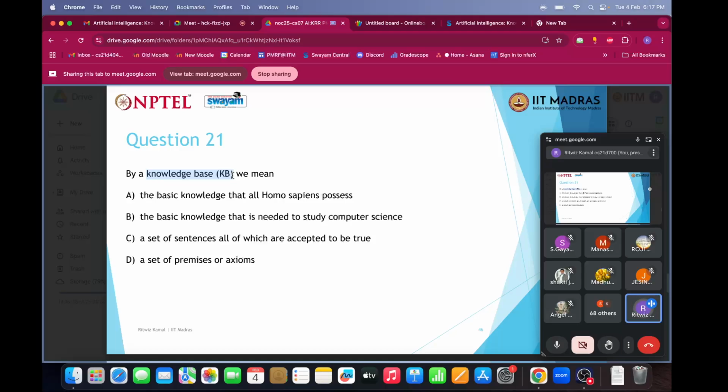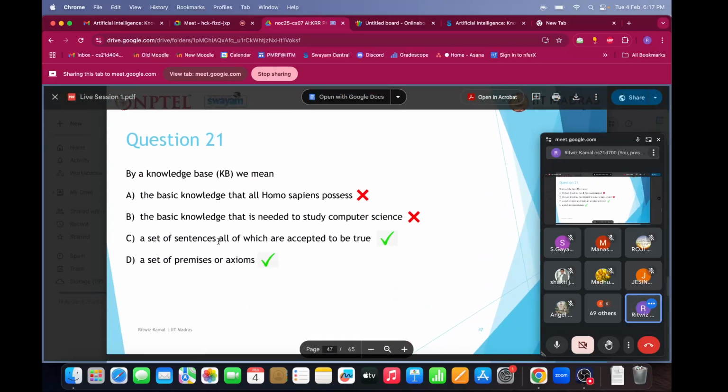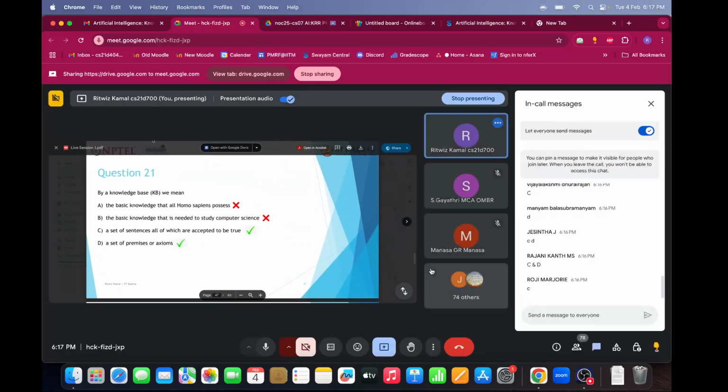Option B would also be incorrect because it's not something again confined to the domain of computer science. It is a set of sentences all of which are accepted to be true, and it is a set of premises or axioms. Okay. So the correct options are options C and D. Okay. Again, straightforward question itself.